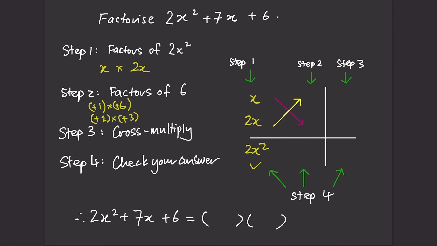Of course, in this process of listing, I need to be thorough. So I am also going to put down -1 multiplied with -6, -2 multiplied with -3. So we're going to be looking at this and see which one is more likely a possible combination.